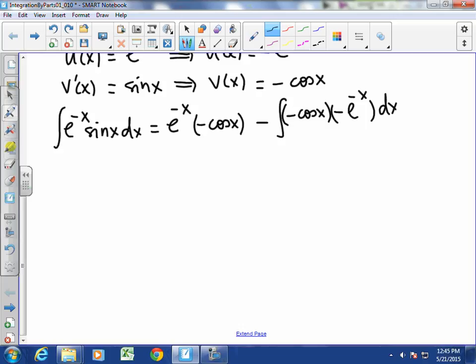So this is equal to negative e to the negative x cosine x minus the integral of e to the negative x cosine x dx.